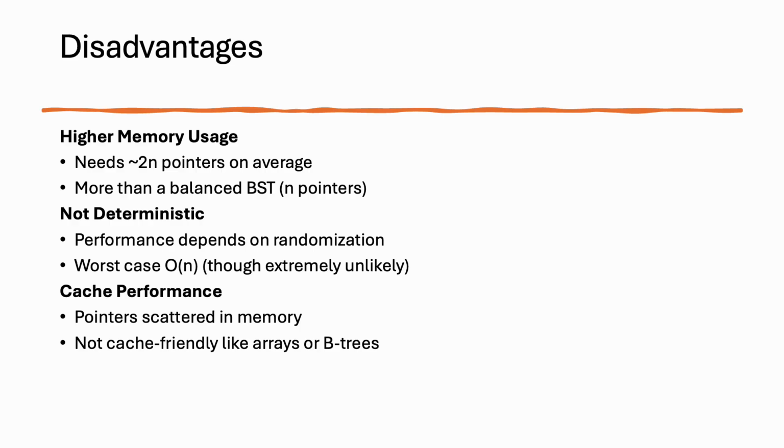They do not offer deterministic performance. They depend on randomization, and while the worst case is extremely unlikely, balanced trees guarantee O(log n). Cache performance can also be an issue. The pointers are scattered in memory, unlike arrays or B-trees where the data is contiguous.